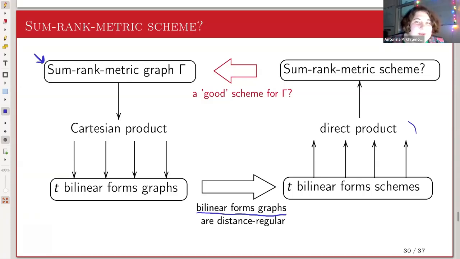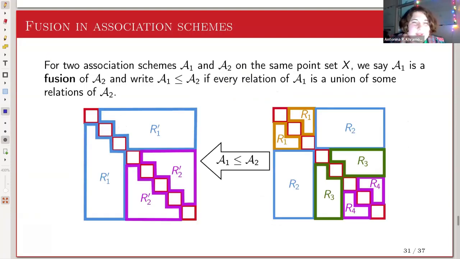And a good scheme is a bit of an odd choice of words because it implies that we can compare the schemes with each other in some way. And actually we can do it with fusion. So we say that for two schemes on the same point set X, the first scheme is a fusion of the second scheme if the relations of the first scheme are just unions of relations of the second scheme.